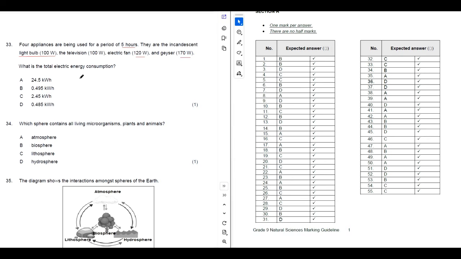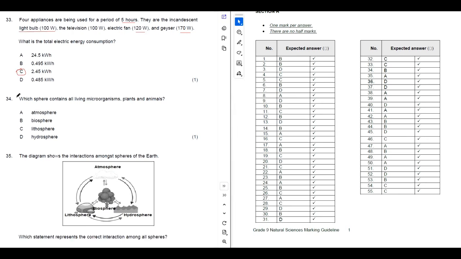Okay, and then now the question says: what is the total electrical energy consumption? So we know that if we plug this into our calculator, we should be able to get C, which is 2,45 kilowatts.